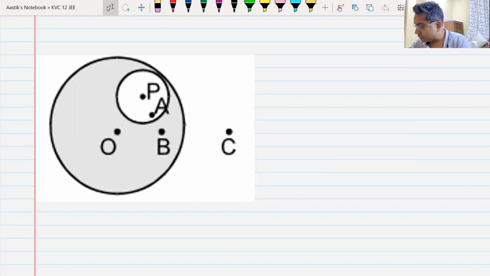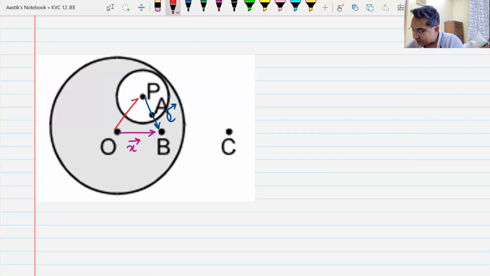So I am going to call this vector as x vector, this vector as L vector, and this vector as R vector. Can you now tell me the answer in terms of X, R, and L?